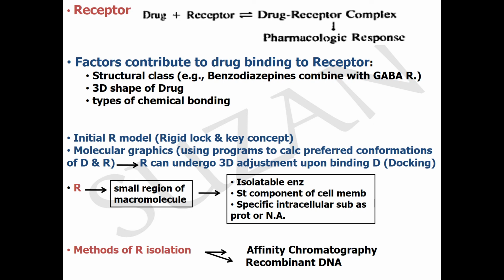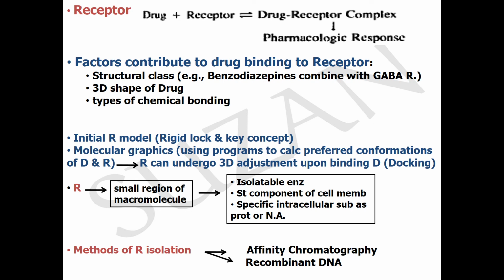So the receptor and the drug both can undergo a three-dimensional adjustment upon binding of the drug to the receptor, and this process is called docking. So docking is placing the drug into the receptor and predicting the preferred orientation of the drug when bound to the receptor.